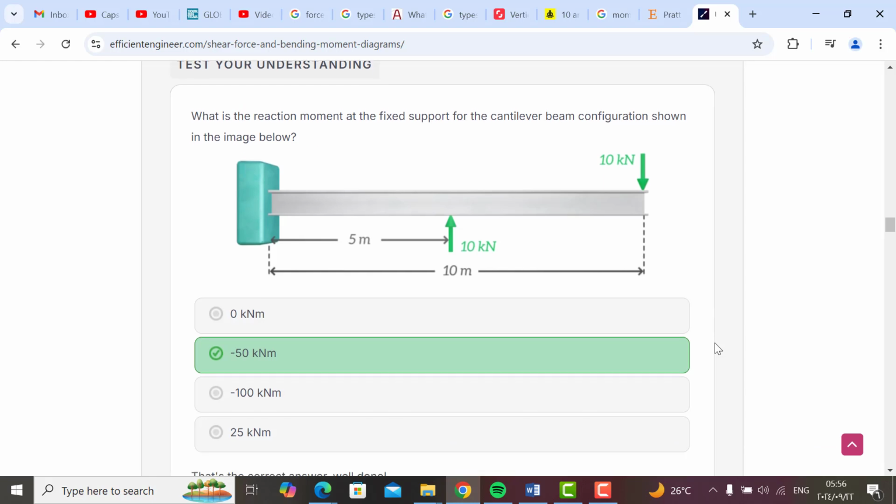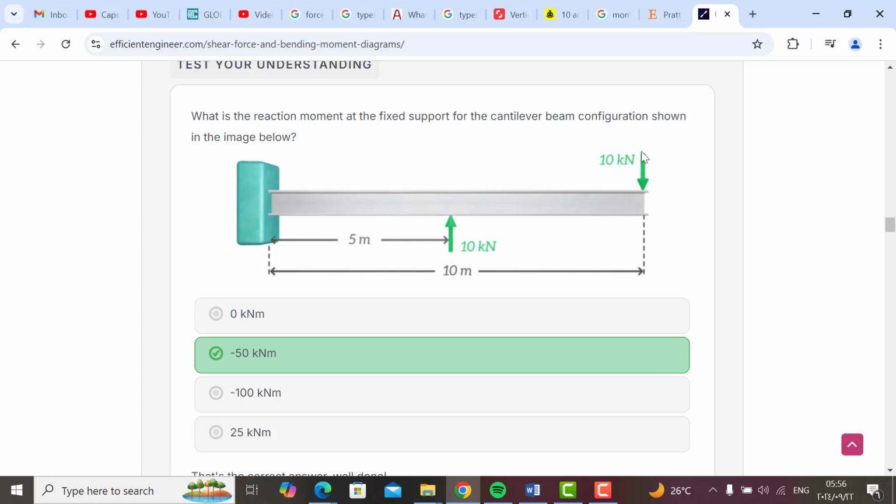And you can test this: you can write here or calculate the bending about this point. So we calculate the summation of the moment.